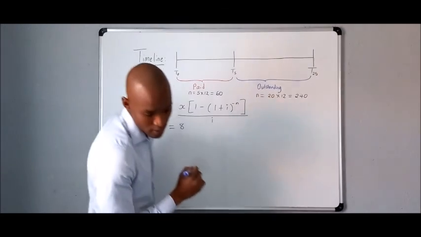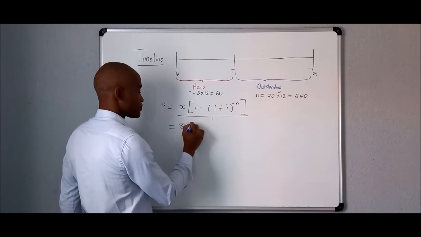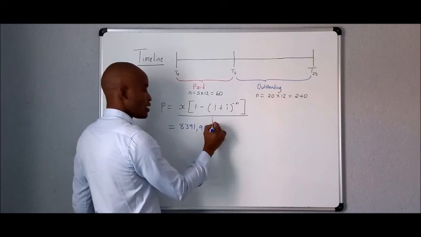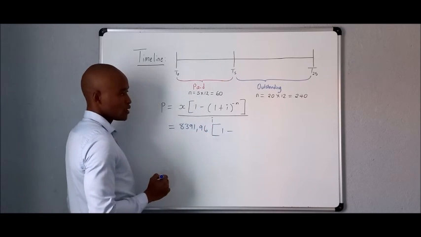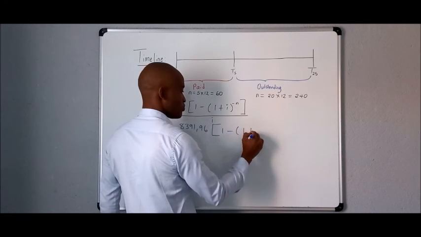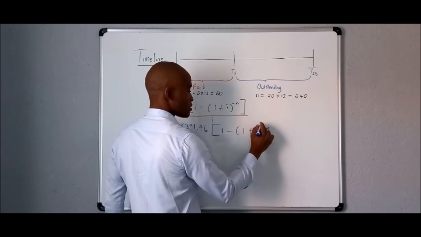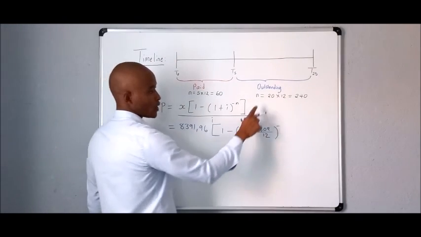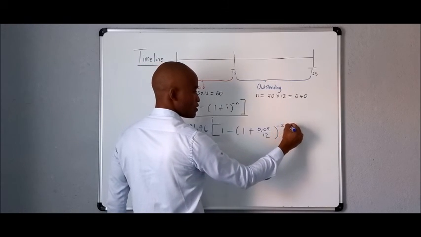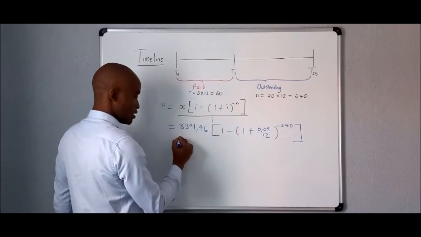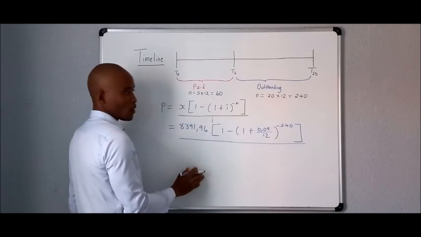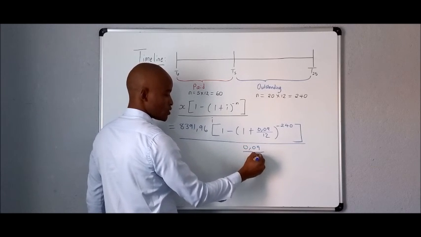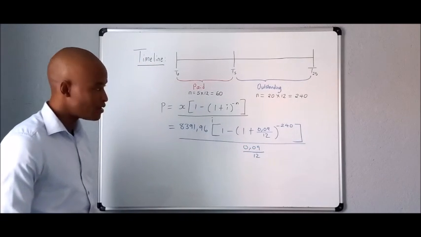We have 8,391 rands and 96 cents as our monthly installments, and in the brackets it's 1 minus (1 plus 0.09 divided by 12) to the power of negative 240, and then we divide this by 0.09 divided by 12.